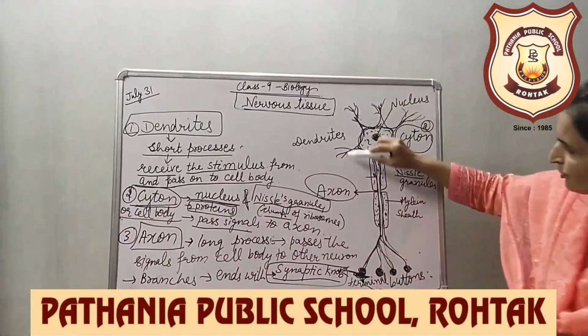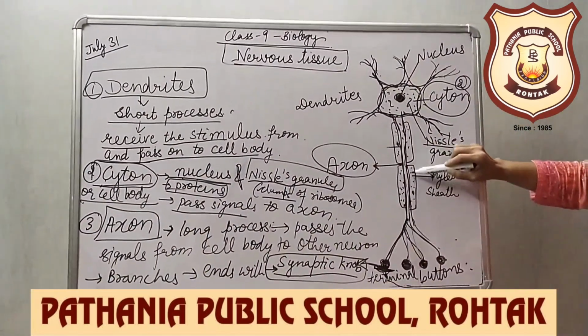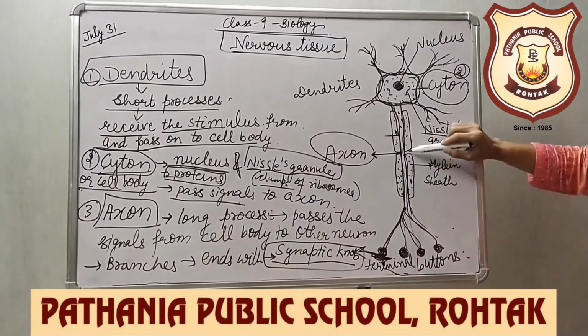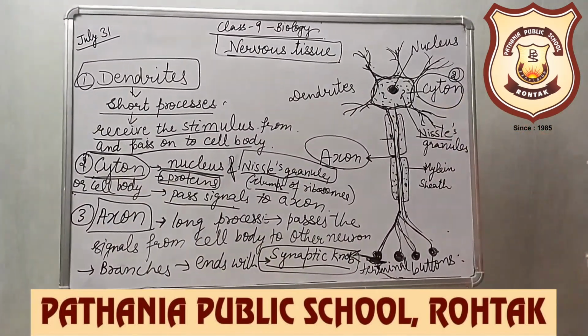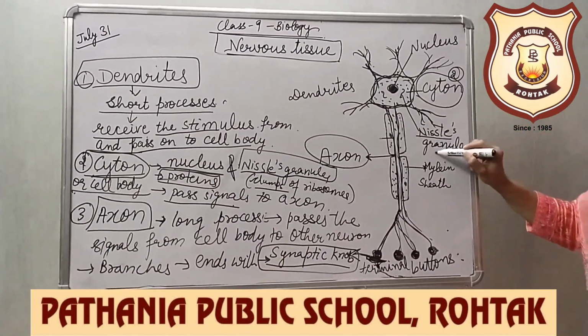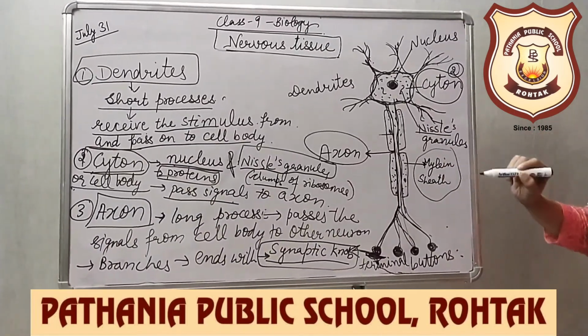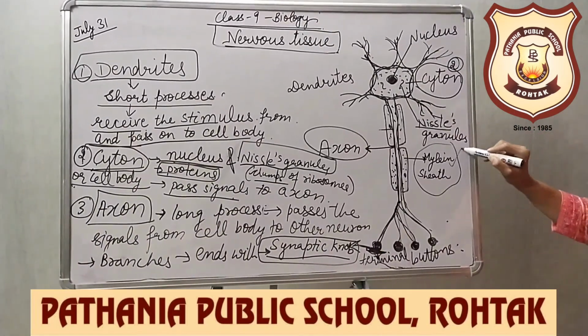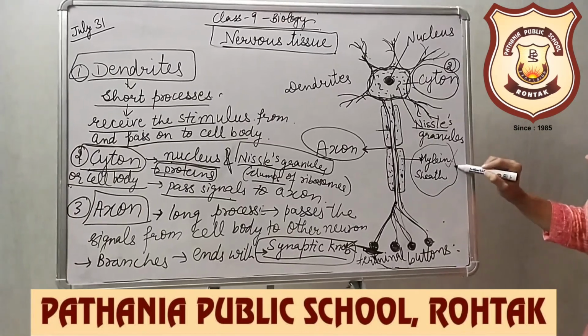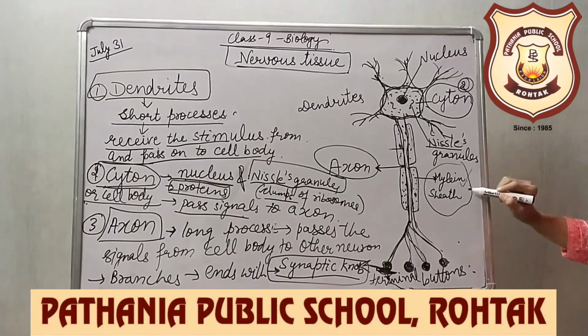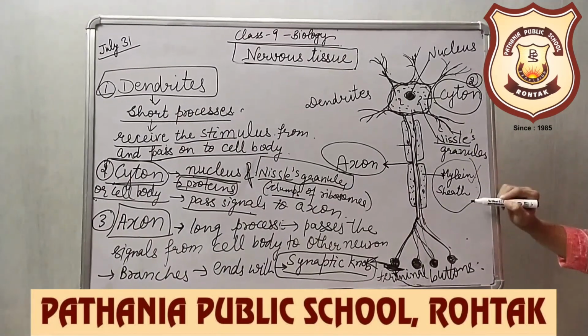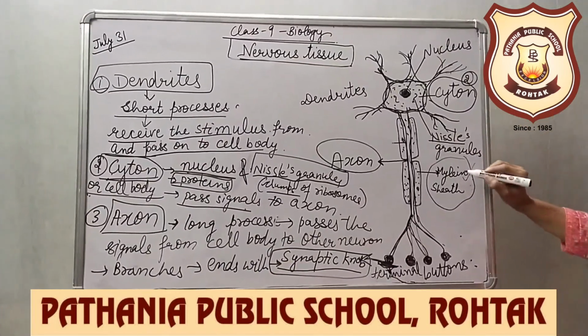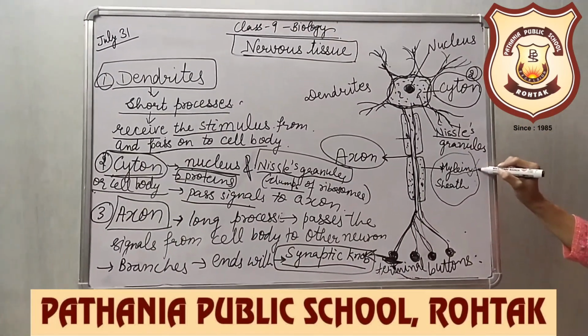Sometimes the axon of the neuron may be surrounded by a sheath or by a layer of Schwann cells. This layer is called the myelin sheath. If the myelin sheath is present, such a neuron is called a myelinated neuron.